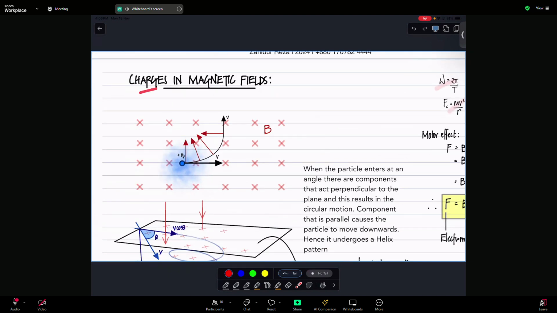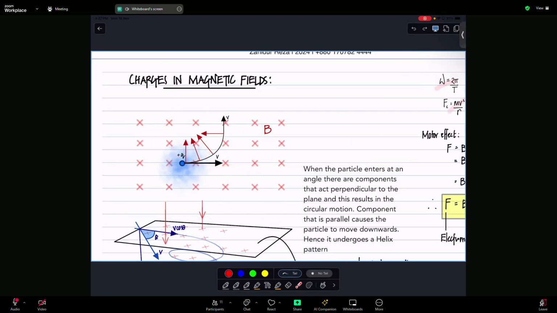So what does this chapter deal with? As the name suggests, it deals with what happens when charges enter a magnetic field. As your charge enters a magnetic field, according to the motor effect or Fleming's left-hand rule, if your charge is going this way and your magnetic flux is into the page, there must be a force acting that way. As a consequence, the particle moves that way.